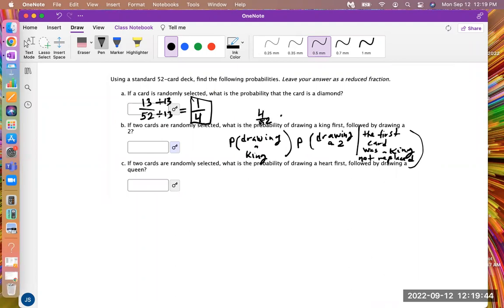Now, if we did draw a king, then drawing a 2, I took out a king, not a 2. So there's still 4 2s left in the deck, but there's 51 cards total because there's a king missing. So this should be our answer. We should multiply 4 over 52 times 4 over 51.